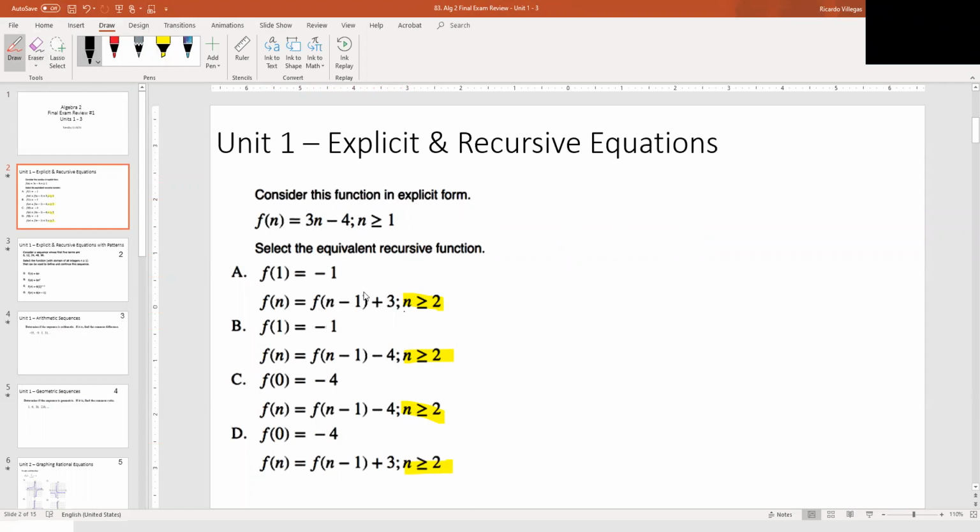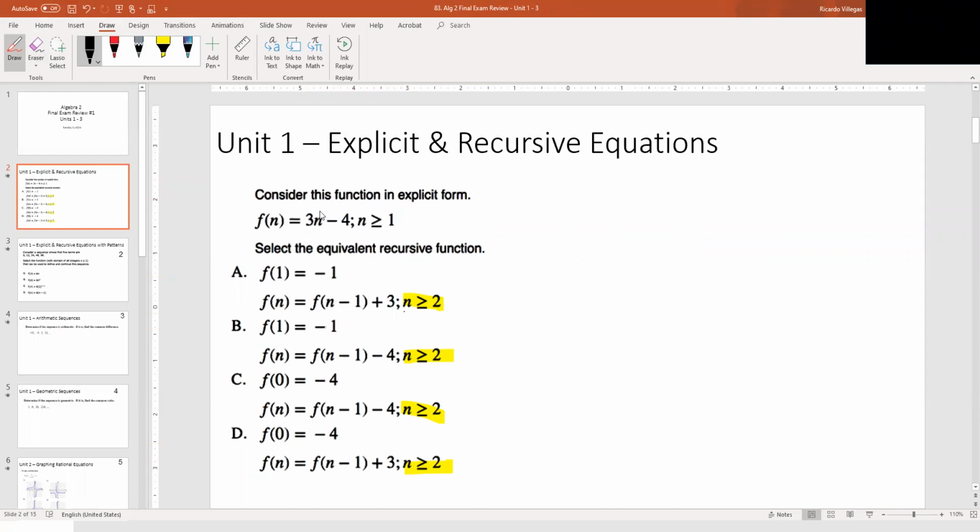In order for us to do this, we need to see what our answer choices have. In this case, it's telling us that f of 1 is equal to -1. That means whatever our function is, if we were to plug in a 1, our solution would be -1.